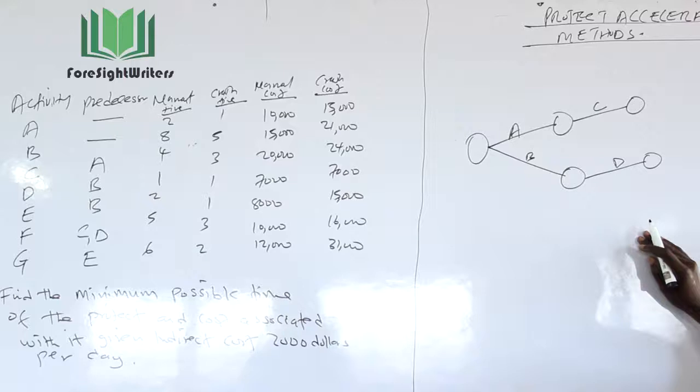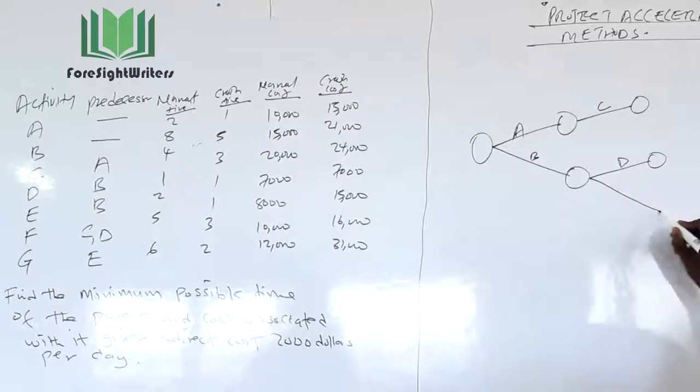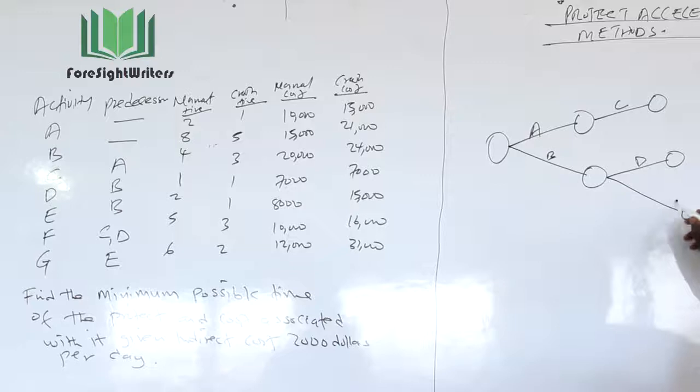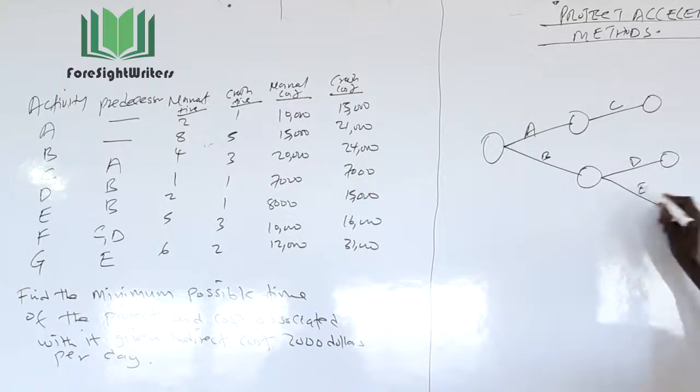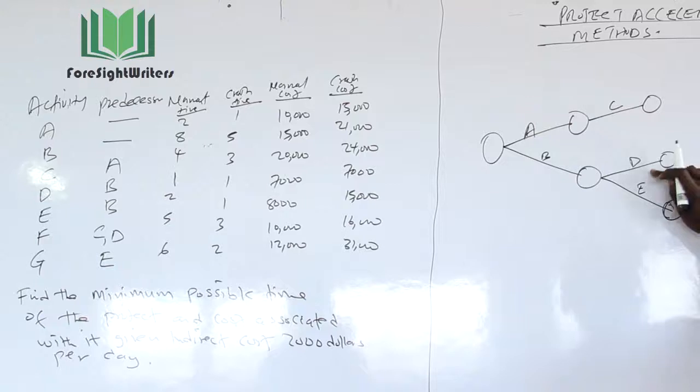Okay. And then activity E can start also after B is complete. E can start after B is complete. So it means now we can have activity E here. And then we can have activity F, which needs to start after C and D is complete. After C and D is complete.